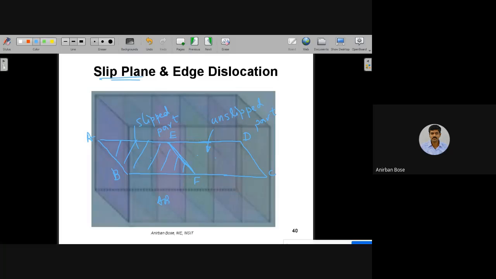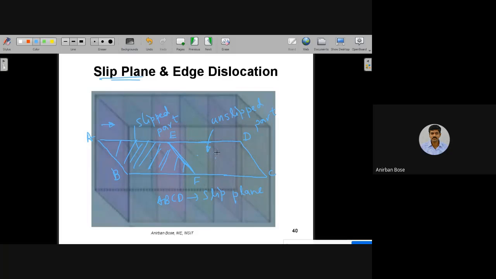Remember, this ABCD is the slip plane, because along this plane the slip of the crystal has occurred. Okay, you have given a push, it has moved, that is the slipped part, and this is the region over which the atoms slipped, and this is the region where you did not cut the bond, that means the atoms did not slip.